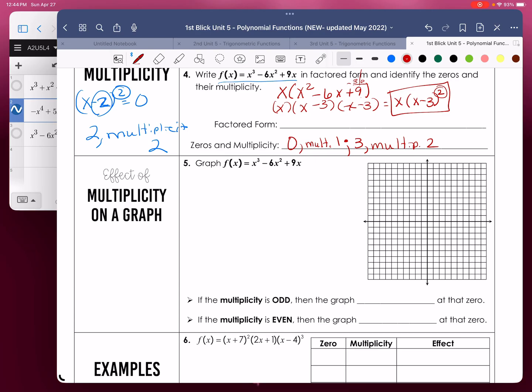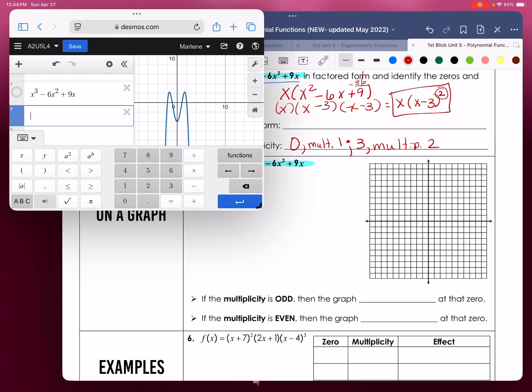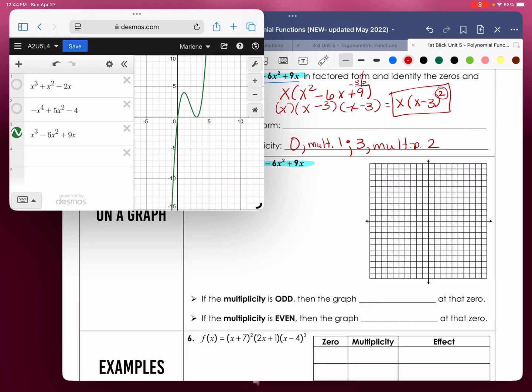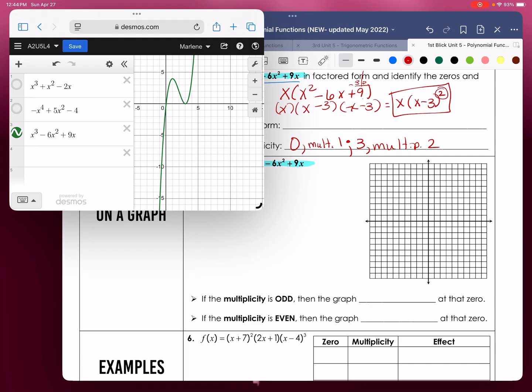Now, let's take that same equation, this right here, and we're going to graph it on Desmos and just see what that looked like. Okay? So, I've already got it keyed up. Let me block out the other one. All right. So, let's look at what happened at the zeros. What happened at 0 was it crossed straight through it. And I can graph it if that will help us.